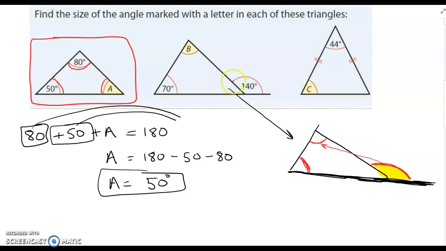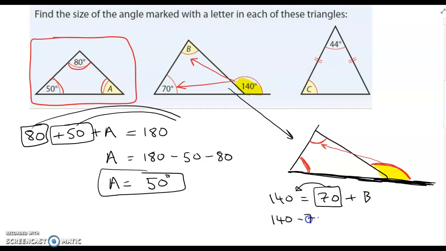So 140 in this case would be equal to that angle plus that angle. That's a rule. So 140 is equal to 70 plus B. Now if I bring my numbers onto the same side, that'll change to a minus, and I'll be left with B on its own. And 140 take away 70 is 70, so 70 equals B.